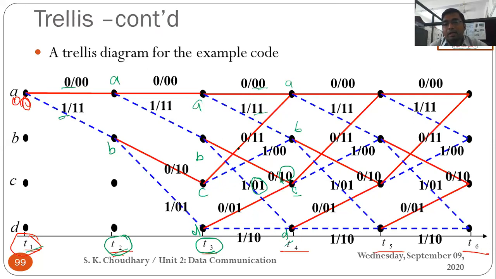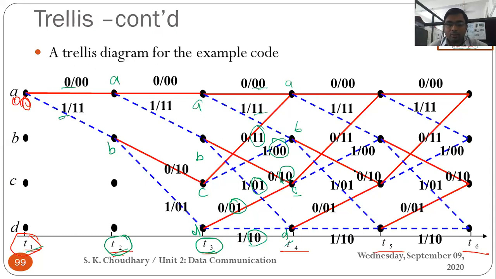At C with input 0, the output is 11. At C with input 1, the output is 00. At D with input 0, the output is 01. And at D with input 1, the output is 10. This is fixed throughout the trellis diagram. When you move from one time instant to the next, the same pattern is repeated.